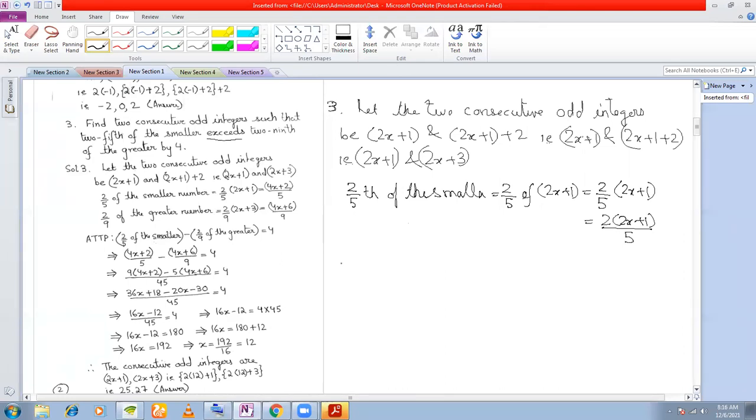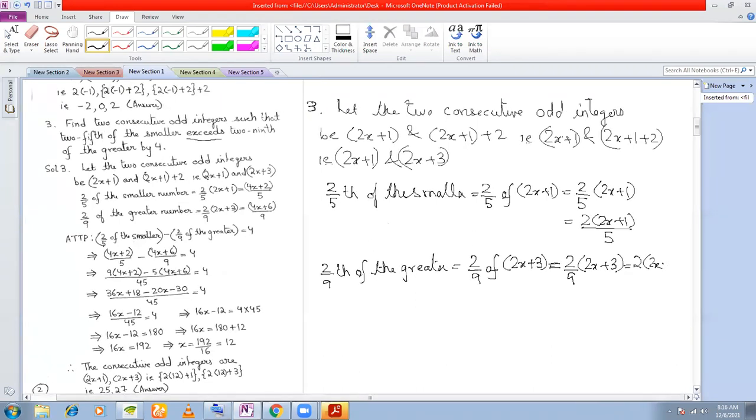And 2/9 of the greater. The greater among them is 2x plus 3, so 2/9 of 2x plus 3 is equal to twice 2x plus 3 divided by 9.